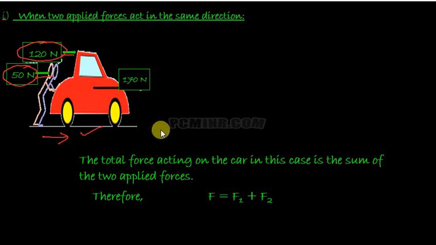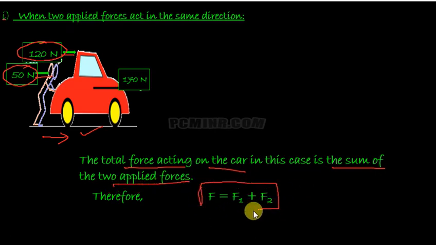In that case, the total force acting on the car will be the sum of the two applied forces. So F is going to be F1 plus F2. So what is the total force acting on the car in this case? It's 120 plus 50, which gives us 170 Newton. Because both forces act in the same direction, they add to each other.